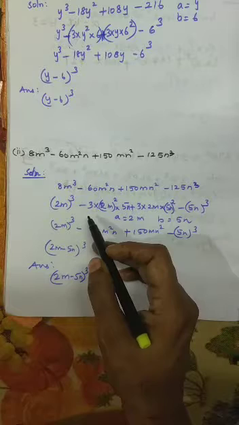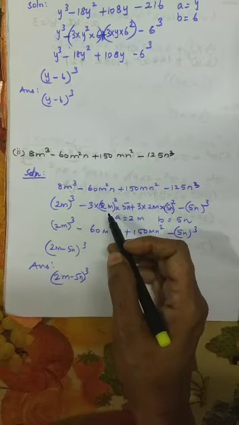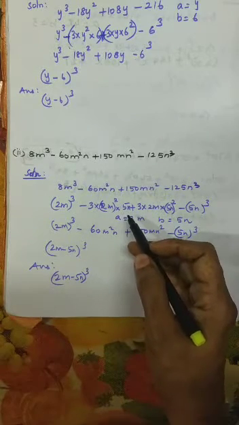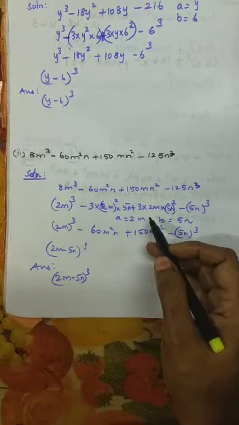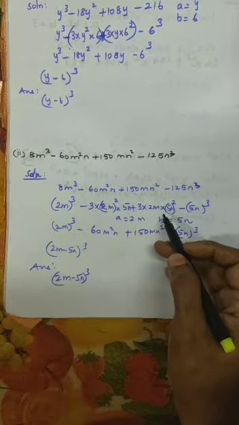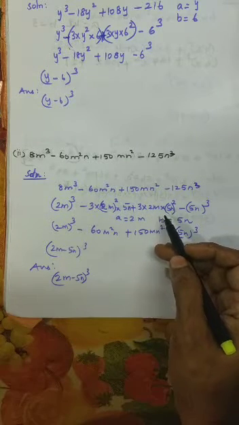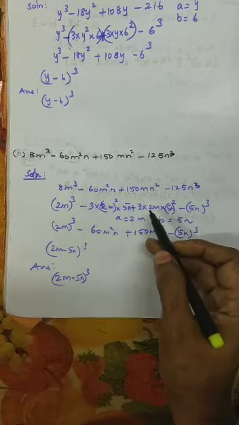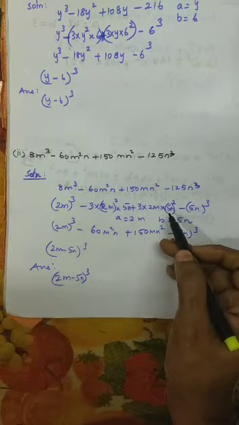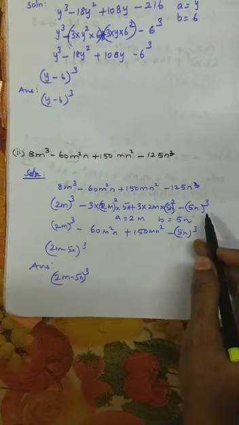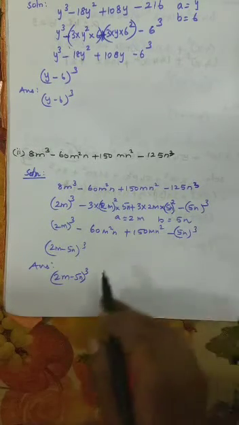Isn't it? So 3 into 2m the whole square into 5n plus 3 into 2m into 5n the whole square, that is 3ab square, okay, minus b cube, that is 5n the whole cube.